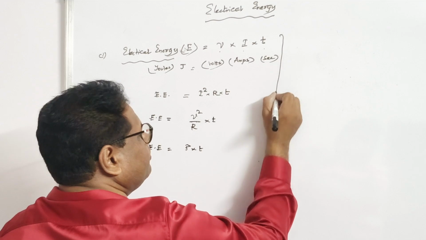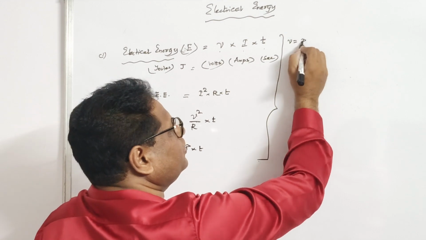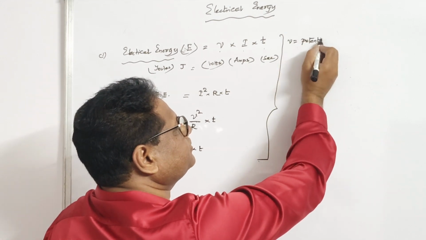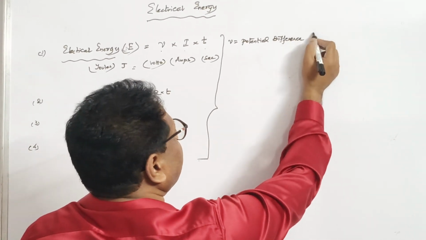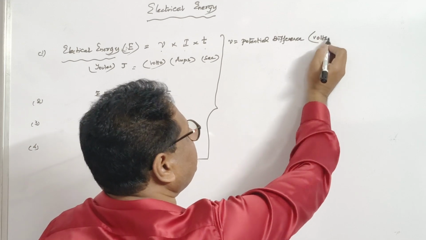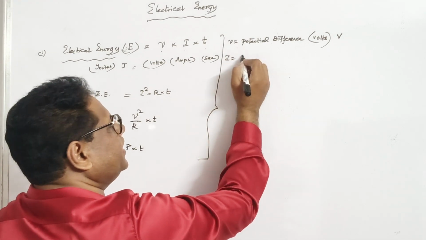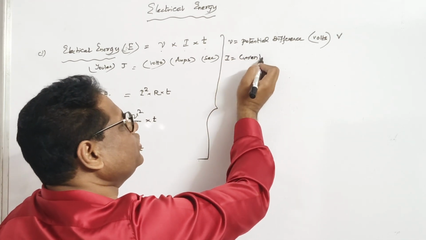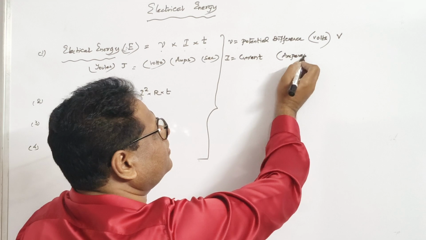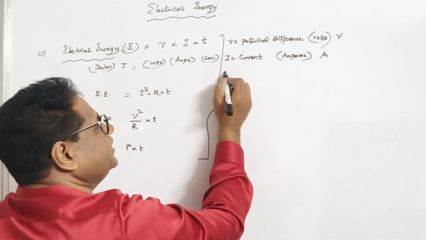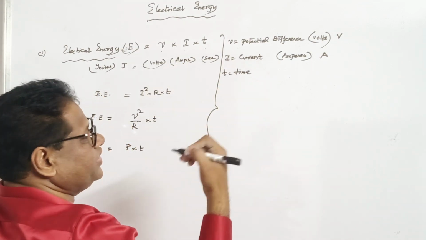Now let's give a quick recap of what the symbols mean. V is for the potential difference, and the unit is volts, abbreviated as V. And I is the current flowing through the wire, which is in amperes, expressed as A. Then T is the time for the passage of current and energy production.